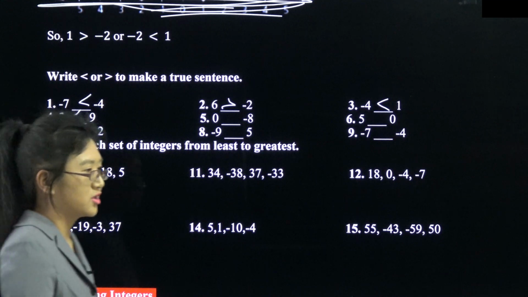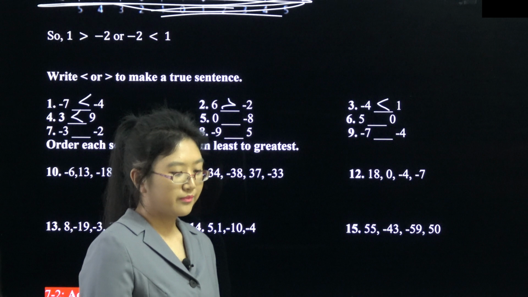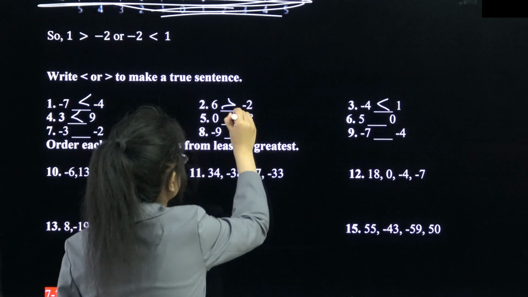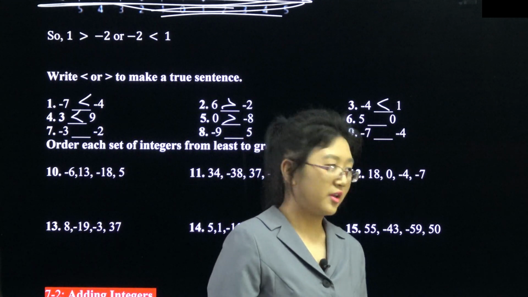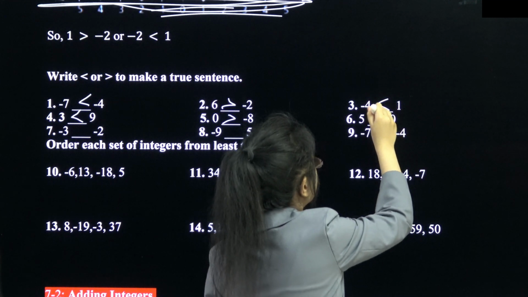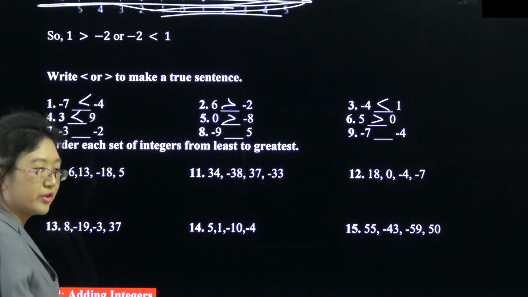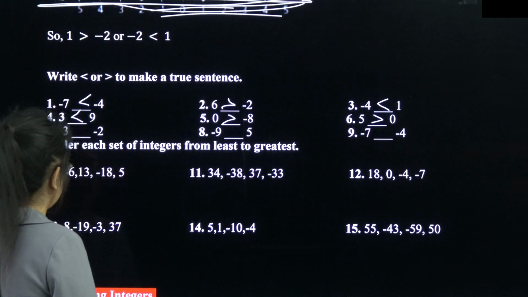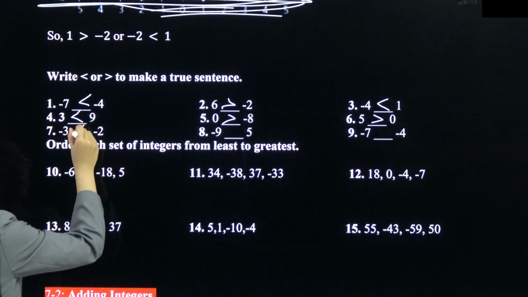Everything's positive, so it just follows normal rules. 0 and -8. 0 is bigger than all the negative numbers. 5 and 0. 0 is smaller than all the positive integers, or just numbers. -3 and -2. The greater the number after the negative sign, the smaller the number is. 3 is bigger than 2, so -3 is smaller than -2.